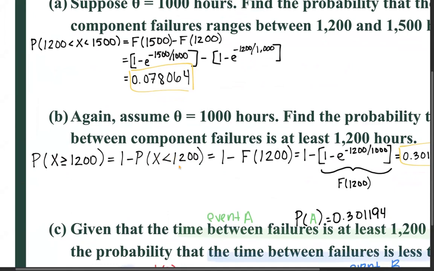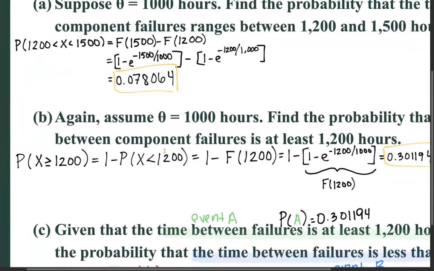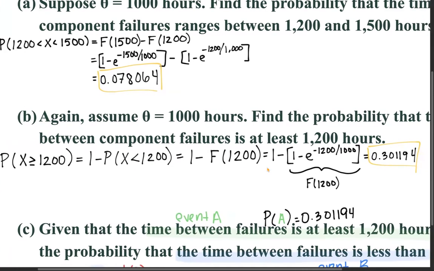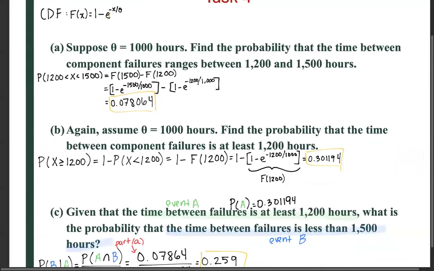The reason I'm flipping it is because distributions work from left to right. So 1 minus the probability that x is less than 1,200 equals 1 minus the cumulative distribution function F(1,200).